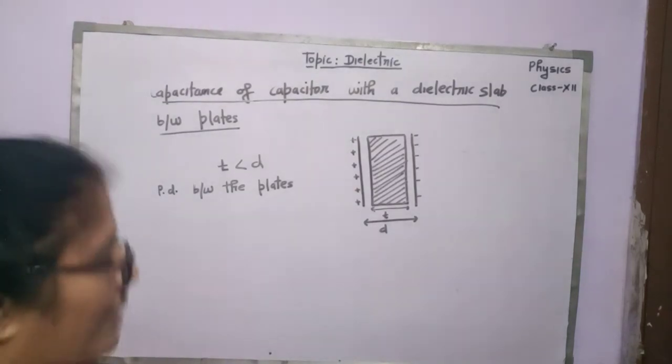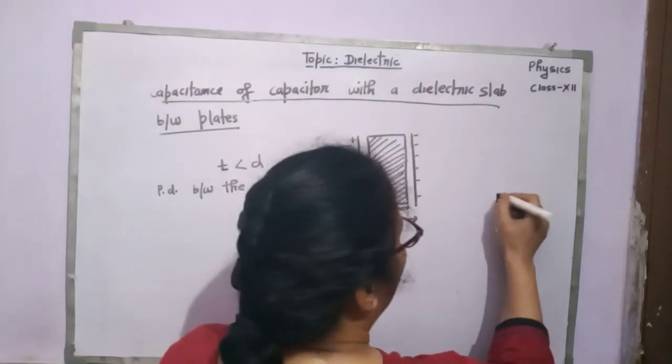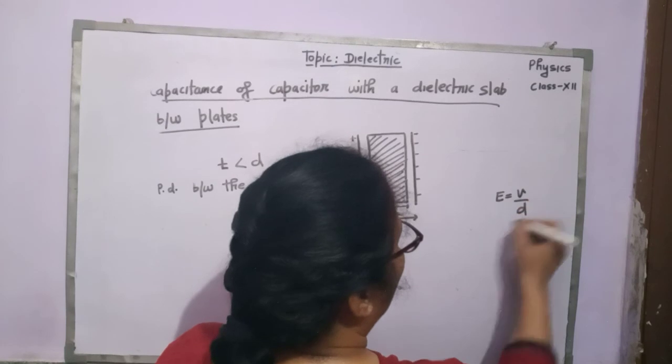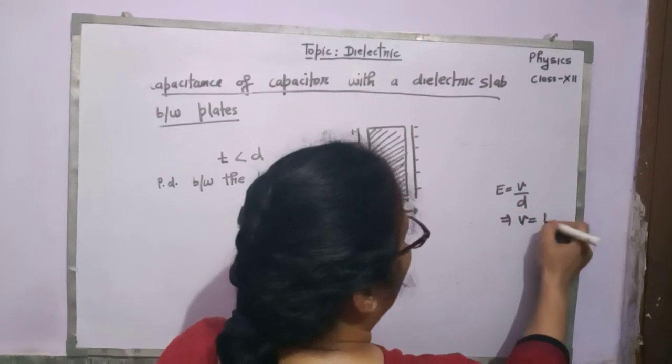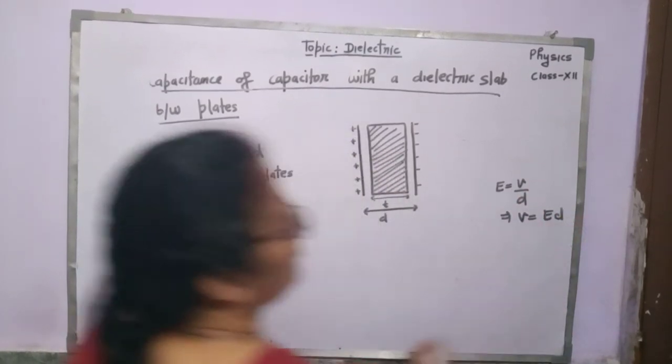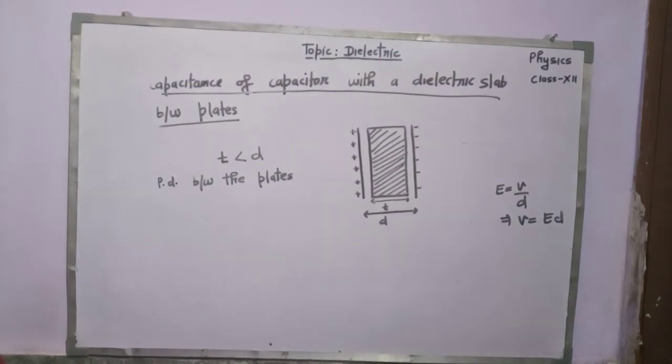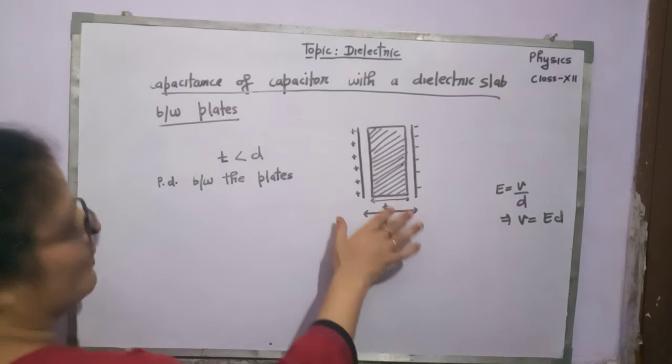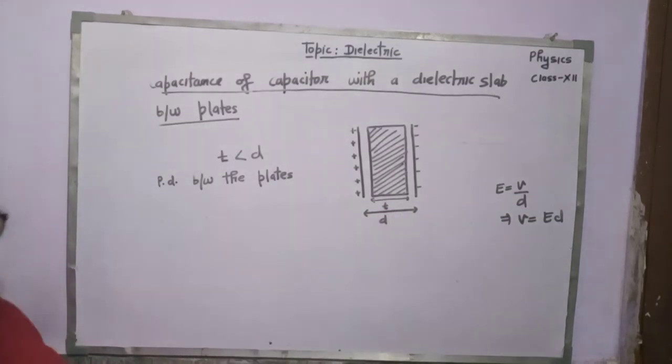And you know E is equal to V upon D. This is a relation. Or you can say V is equal to E into D. You must know the value of the electric field and the distance in the air and in the dielectric. Then simplify it, you will get the answer.